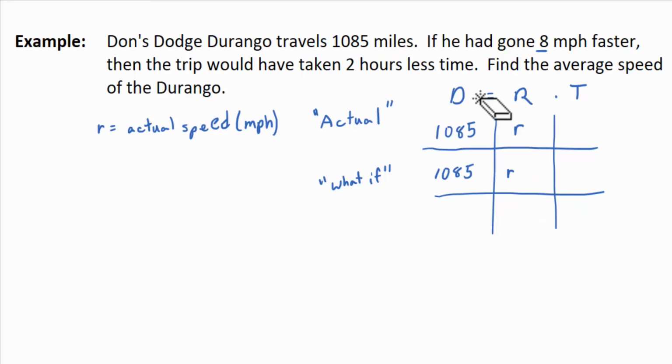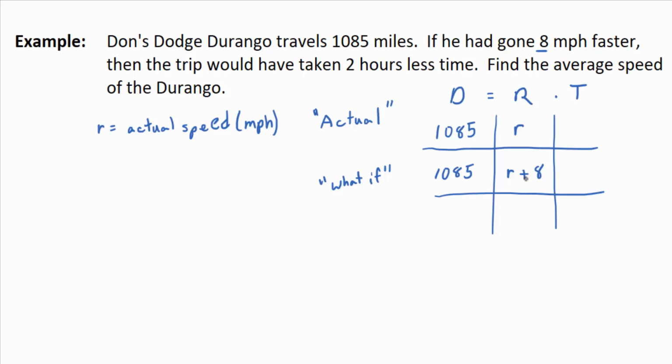If you call this guy R, then this guy has to be 8 bigger than this guy. So you'd have to subtract the 8 up there. Maybe that's how your brain processes this sort of problem, which is fine. But to me, it's easy to wrap my mind around R plus 8, because the plus corresponds with going faster. But whichever way is fine.